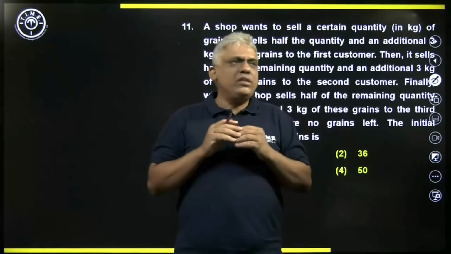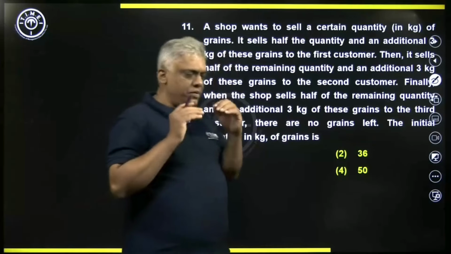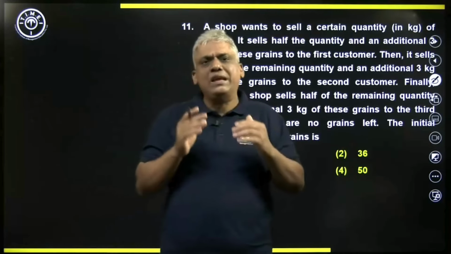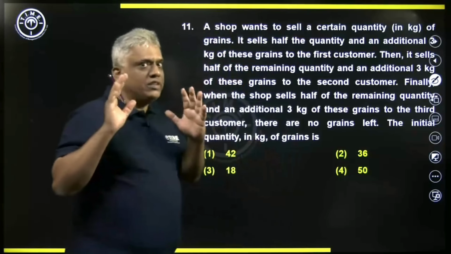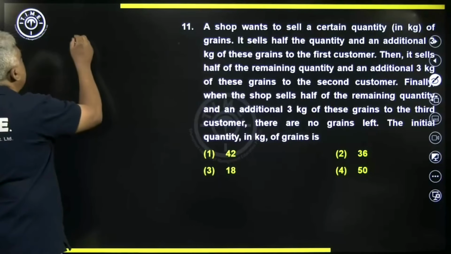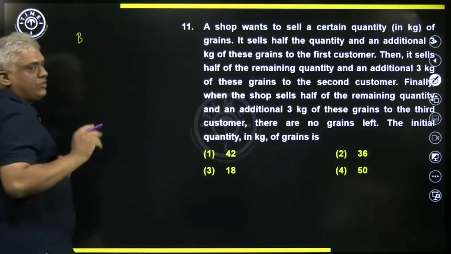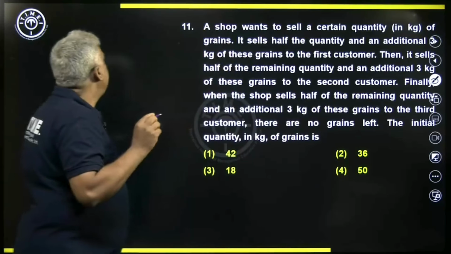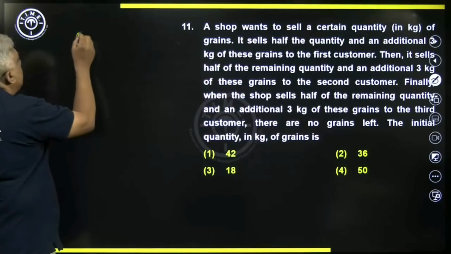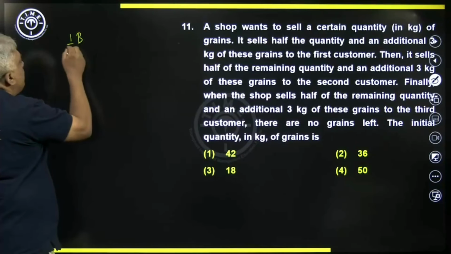Whenever the shopkeeper is going to sell to a customer, let's say the total grains before selling were B kg. If he sells half of it, the remaining will be half.